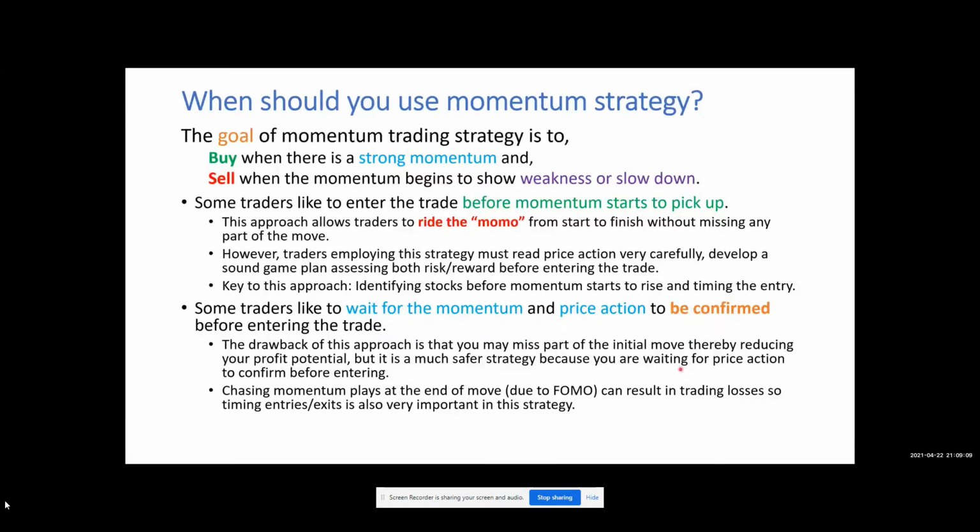So imagine swinging something or holding an overnight position and that goes down, right? So you're not making a gamble like that, but instead you're waiting for price action to confirm, and then you're putting your capital at risk and entering the trade. So this approach has a con, that is you're missing part of the move, but it is definitely a much safer strategy compared to just risking your capital overnight on positions.